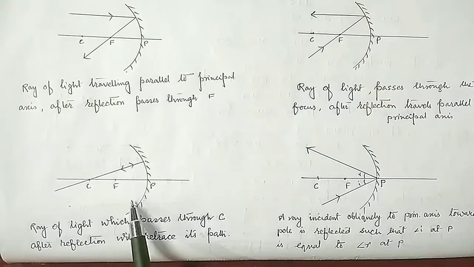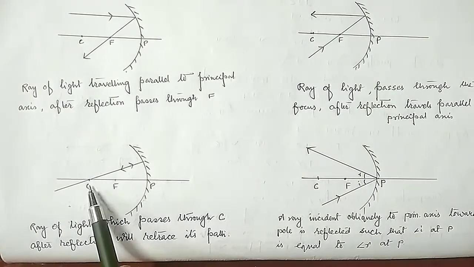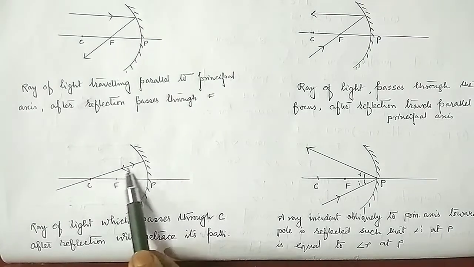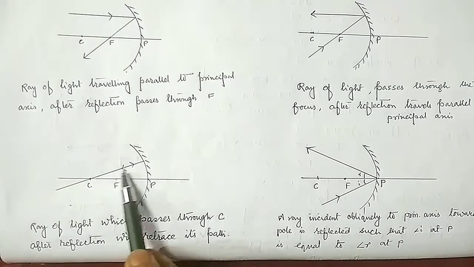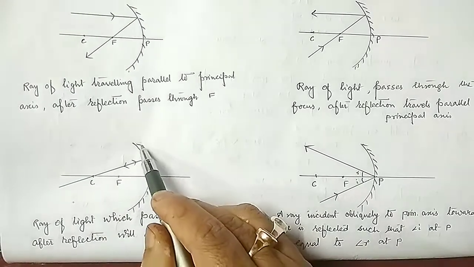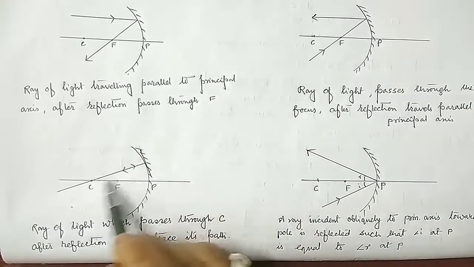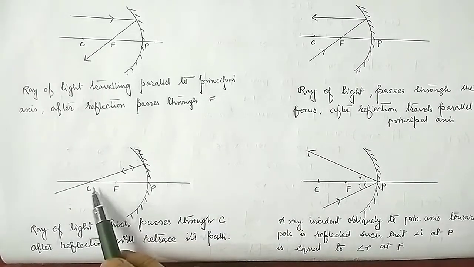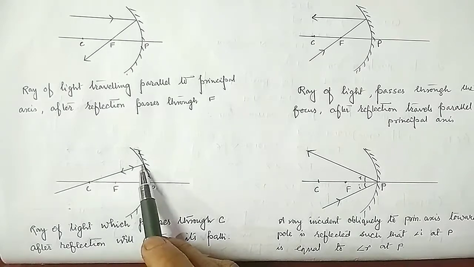Now rule number 3 is that any ray of light which passes through C, the center of curvature, after reflection will retrace its path. It is because this line is the normal. If I imagine a plane mirror here, then this will be the normal. So just like normal incidence, this ray of light will retrace its path and move in the opposite direction.